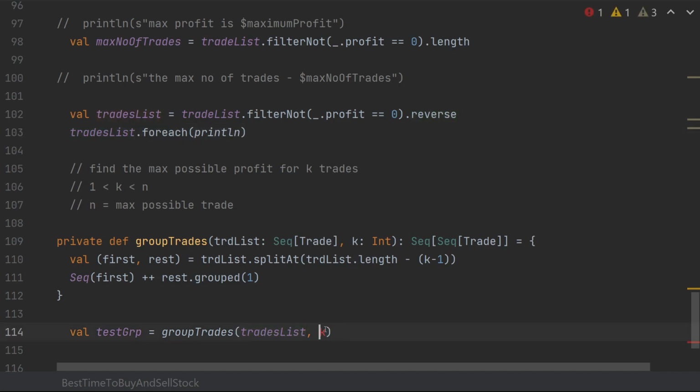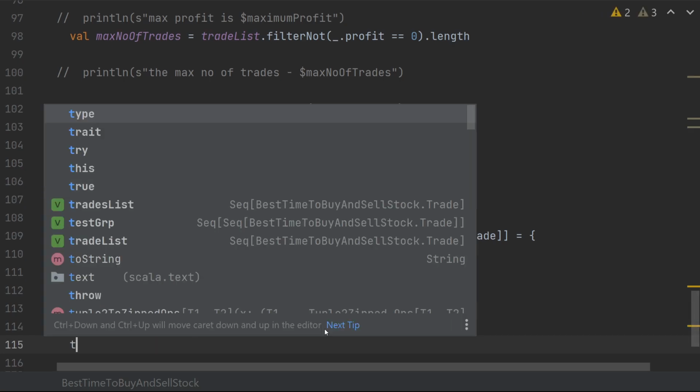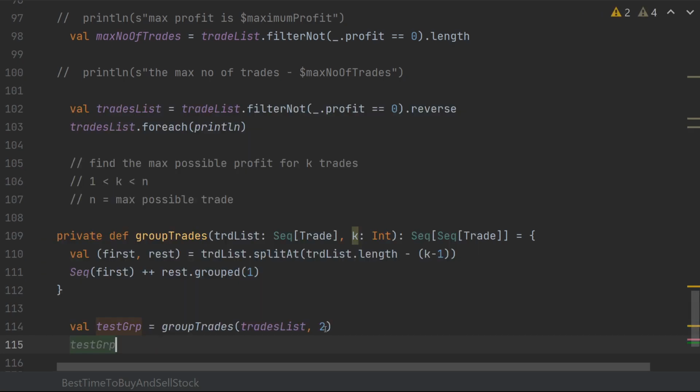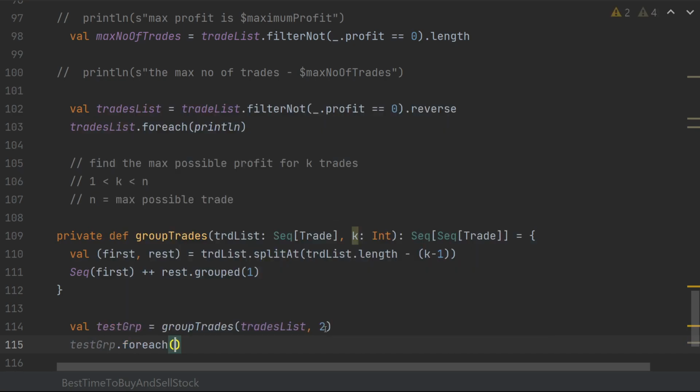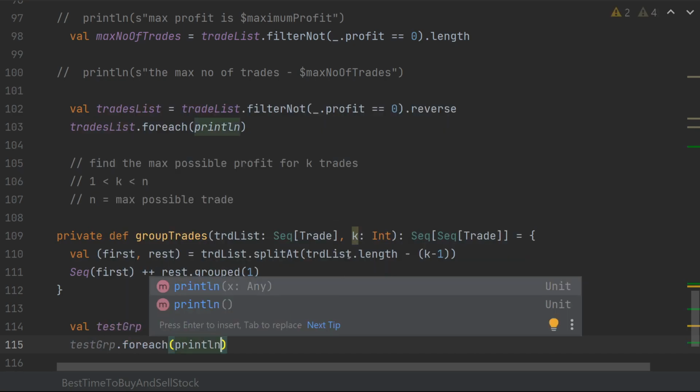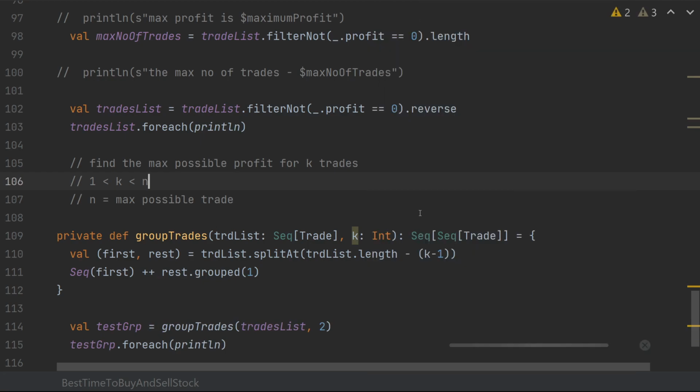Alright, k is the value, let's take it as 2 and let's print the value of testGroup dot foreach. Sorry, we can implement a for as well, but let's make it quite readable. Dot foreach println. Alright, let's see what it prints.